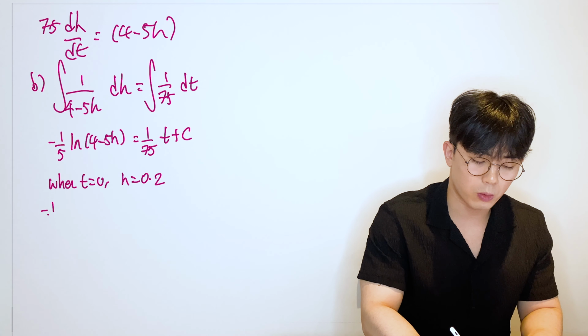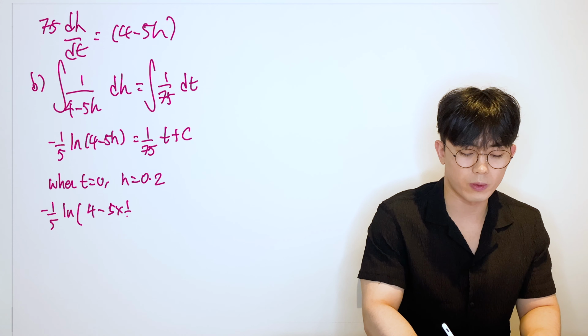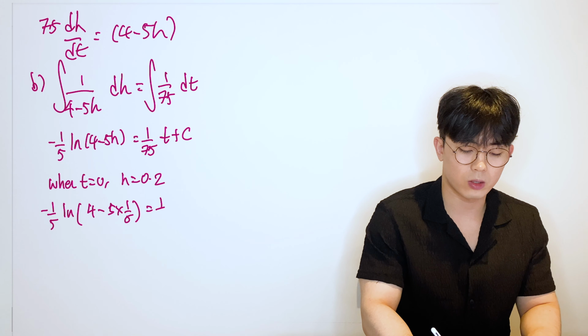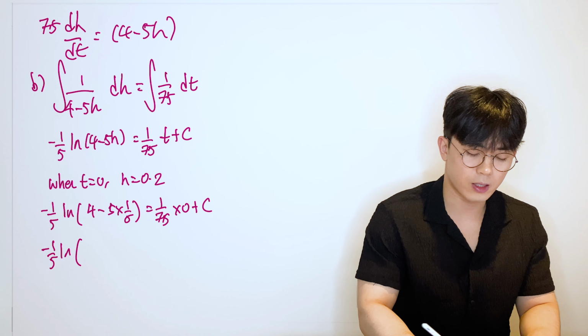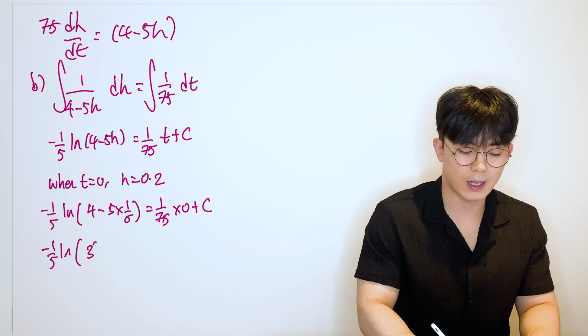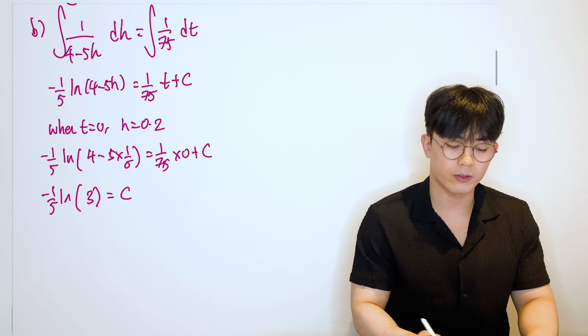So we're going to have minus 1 over 5 ln of 4 minus 5 times 0.2, which is equal to 1 over 75 times 0 plus c. So we have minus 1 over 5 ln, 4 minus 1 is 3, and that's going to be our c value here.